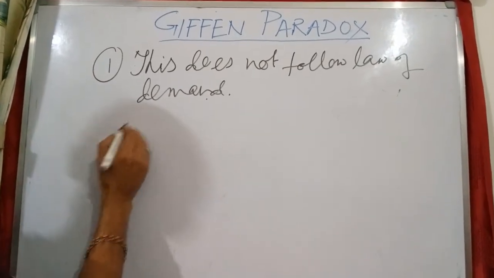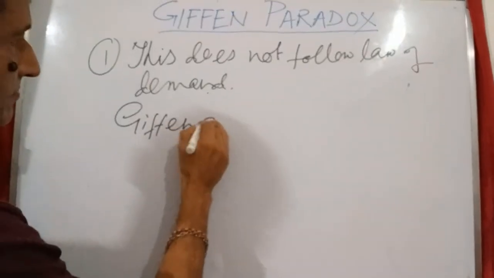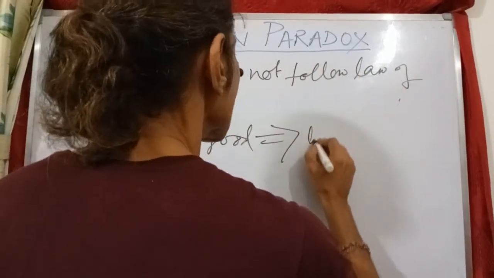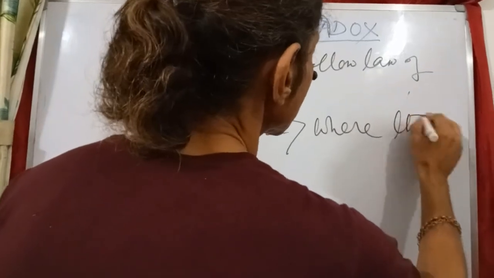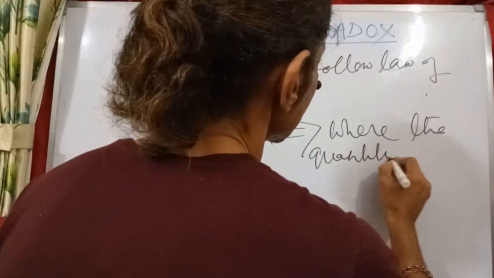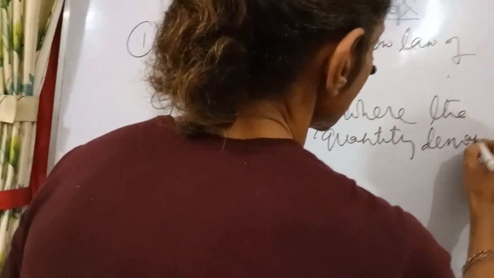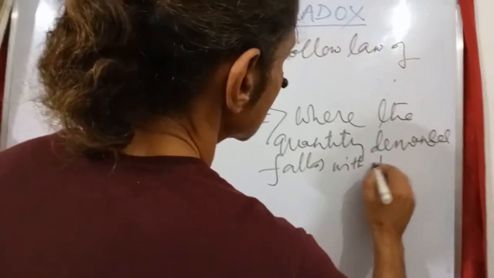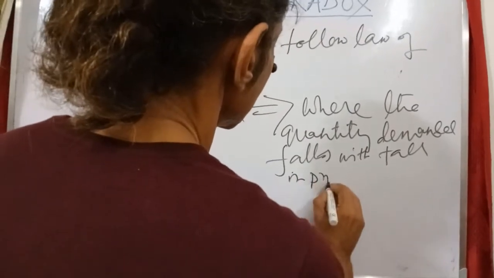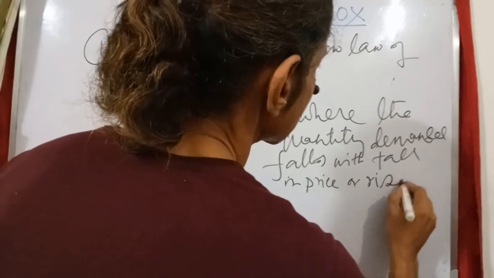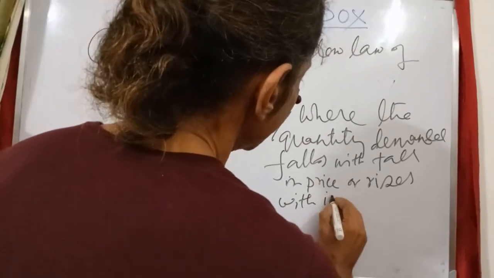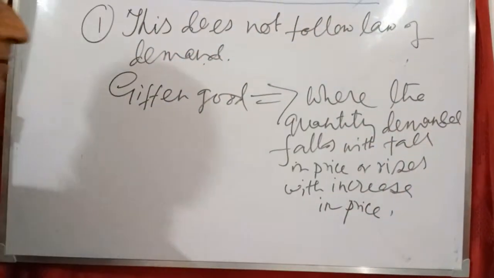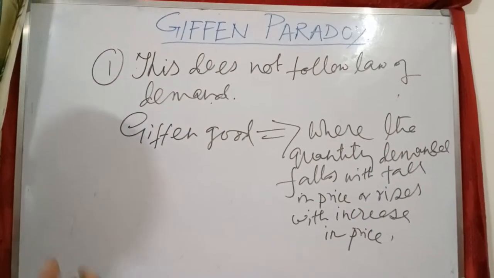So Giffen good can be derived as one where the quantity demanded falls with fall in price, or rises with increase in price. Okay, that is Giffen good.